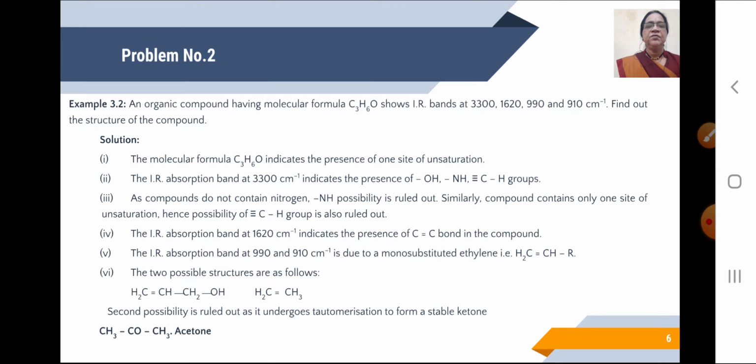One of them is CH2=CH-CH2OH, or it may be CH3COCH3, and therefore the second possibility is ruled out, as it undergoes tautomerism to form the stable ketone, that is acetone.